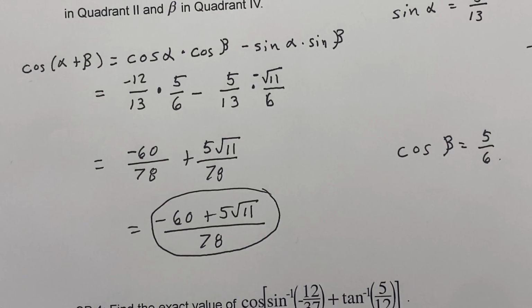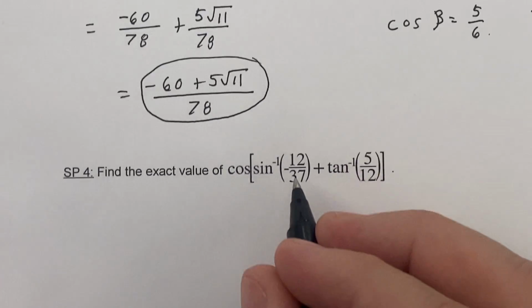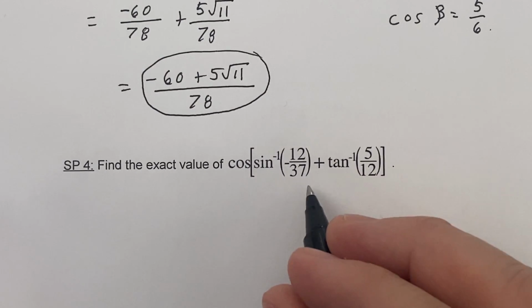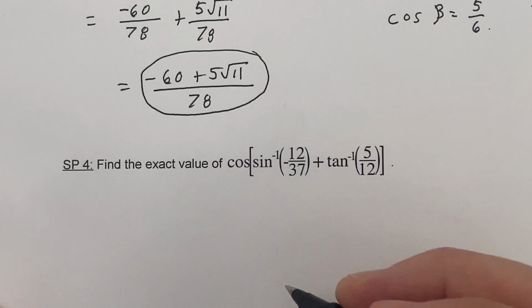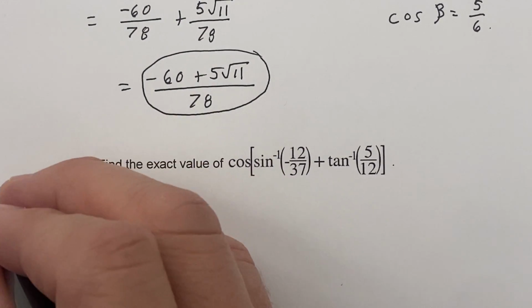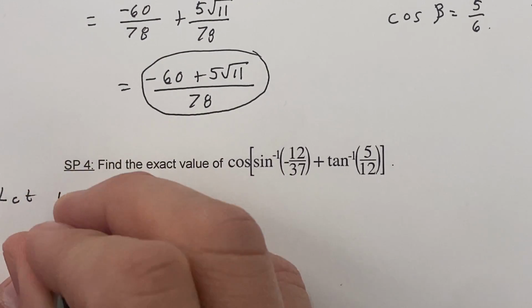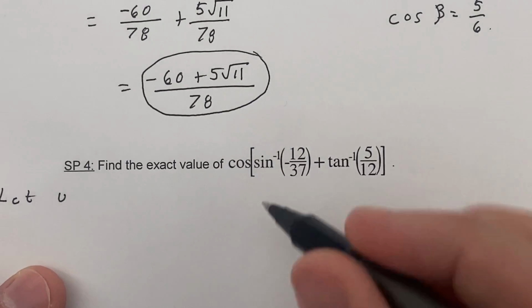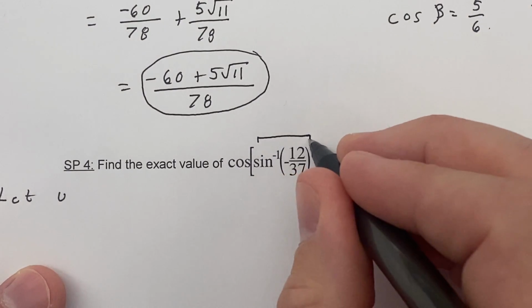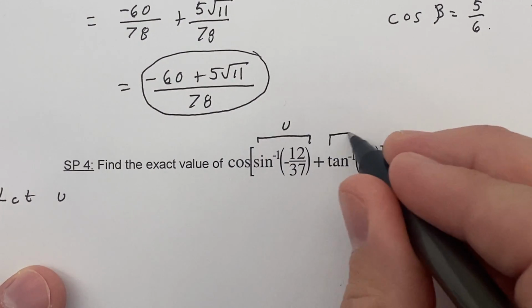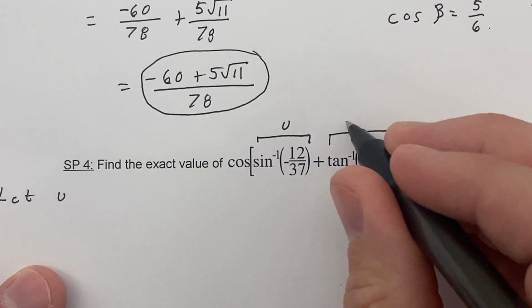Number 4 might be your most challenging one of the day right here. Inverse sine plus inverse tangent. Okay, there's a little bit going on here with this one. In a sense, this is your u, and the inverse tangent of 5 over 12, that's your v.